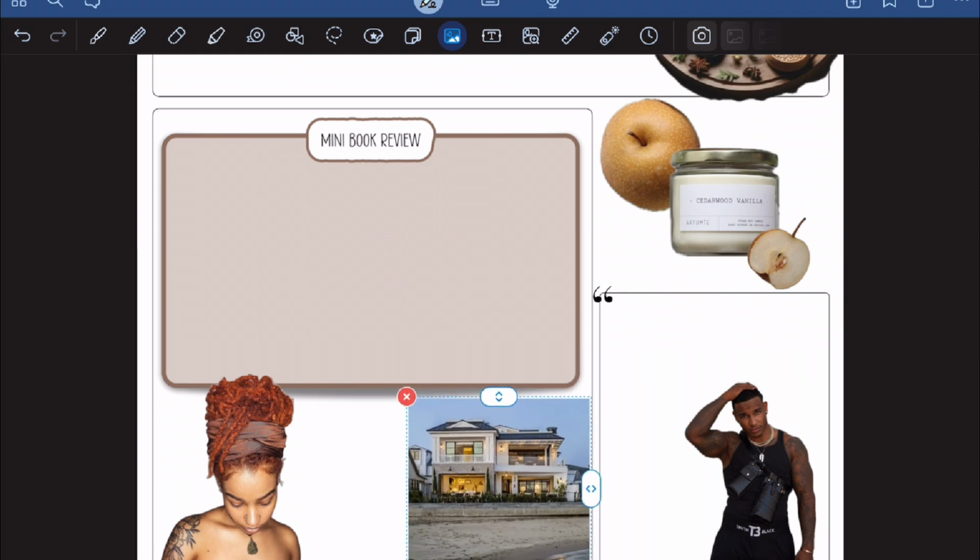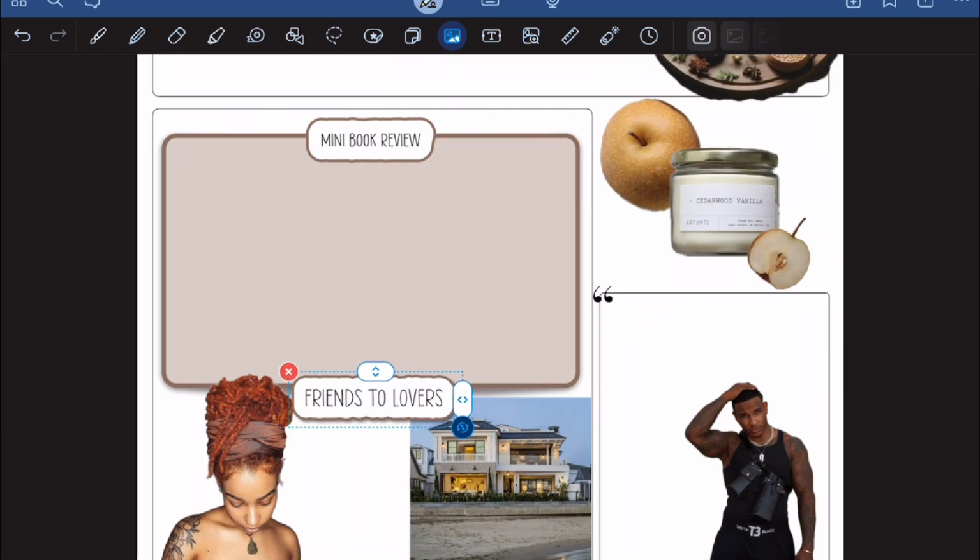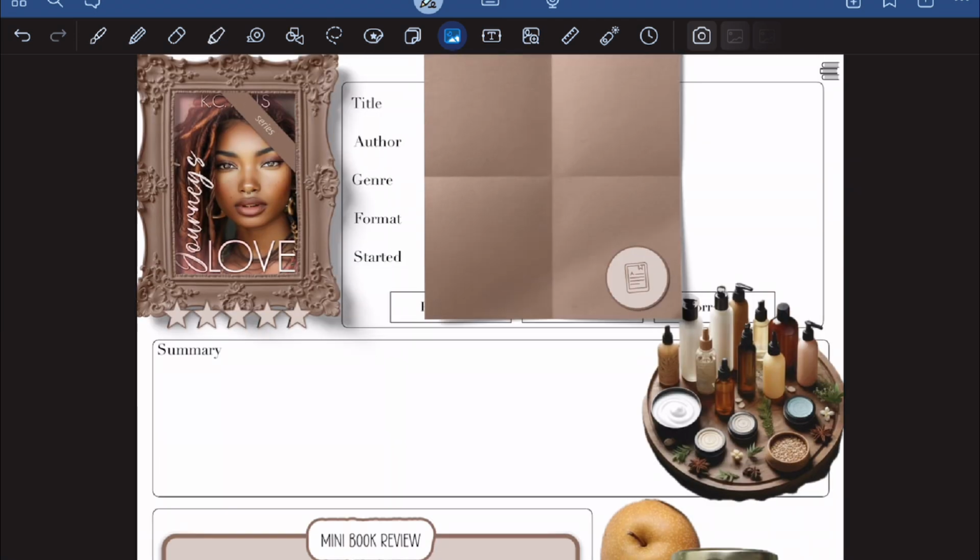Okay, so the first book is called Forever True, and that follows True Bassett, obviously. And this one is about Journey, who is True's younger sister.